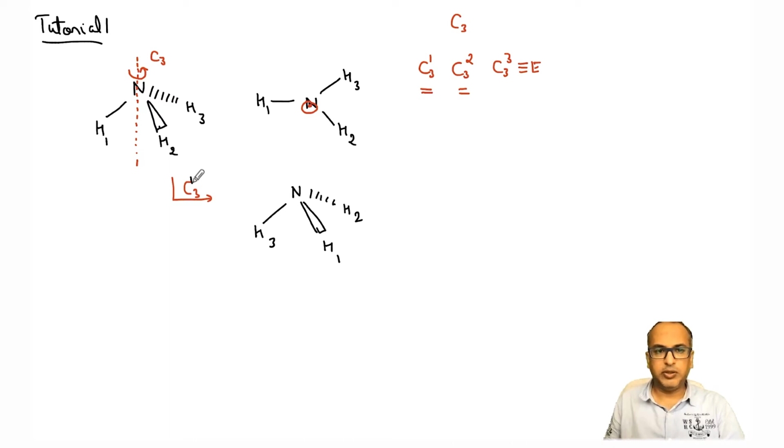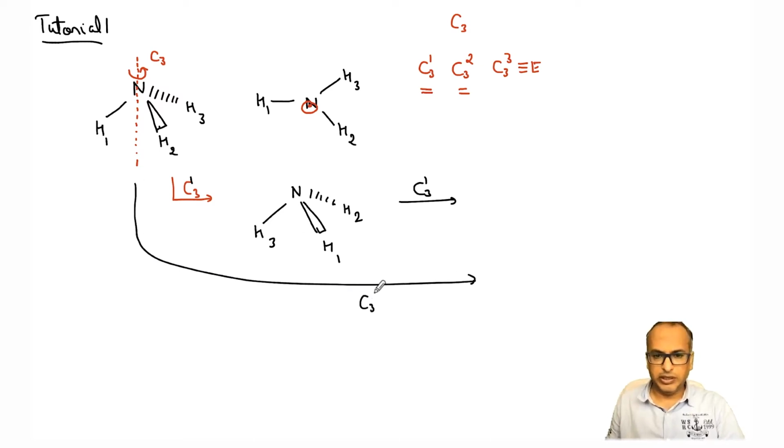So this is C3 to the power 1. Now I do C3 again, so this operation will be C3 to the power 2.